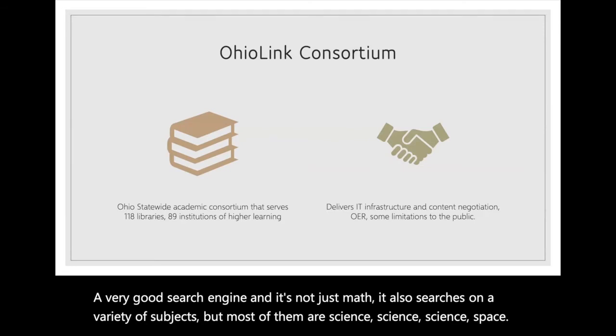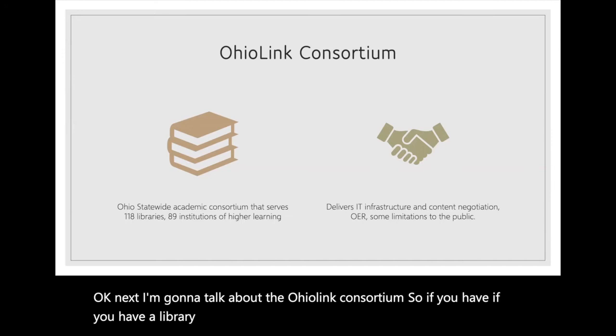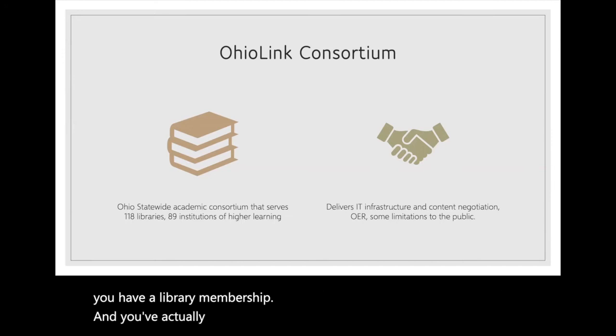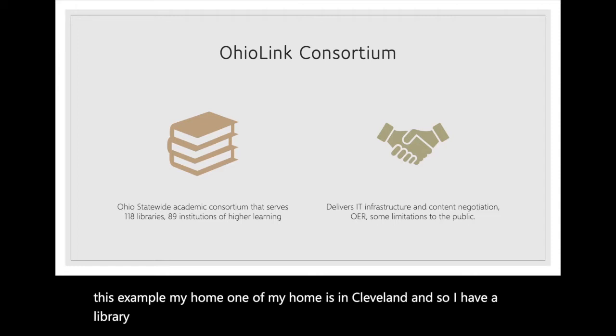Okay, next I'm going to talk about the OhioLINK Consortium. If you have a library membership and you've searched in the library catalog, I'll give this example. My home is in Cleveland, and so I have a library membership with the Cuyahoga Library.